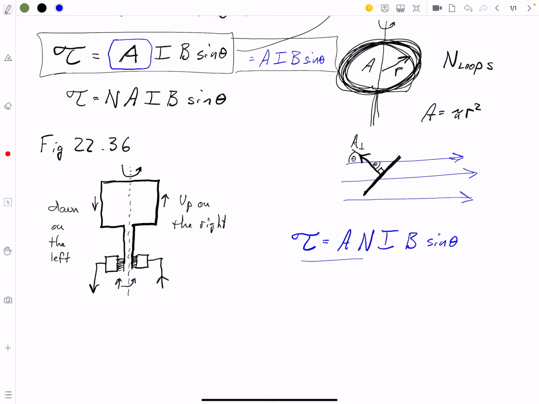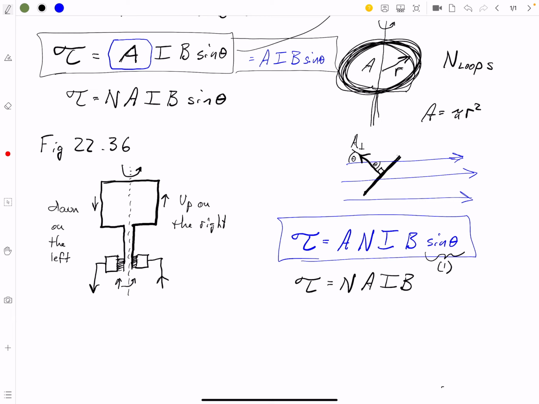That's in general, okay? But if you are asked to find the maximum, it's all the same stuff. You've got your number of loops times your area times your current times your B field. But the maximum is when the sine is equal to 1. So if the sine is equal to 1, this is your maximum torque. Torque max.